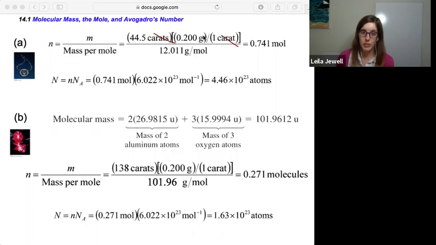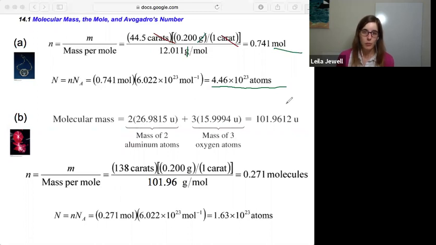So now the grams will cancel out, and we're left with 1 over inverse moles, which gives us moles. This is just the number of moles, though. To get the number of atoms, we then have to multiply the number of moles by Avogadro's number. So 0.741 moles times 6.022 times 10 to the positive 23 inverse moles. That comes out to 4.46 times 10 to the 23rd atoms of carbon. Cool.